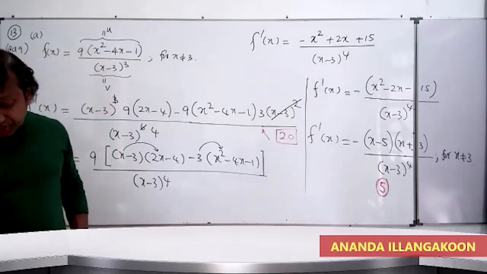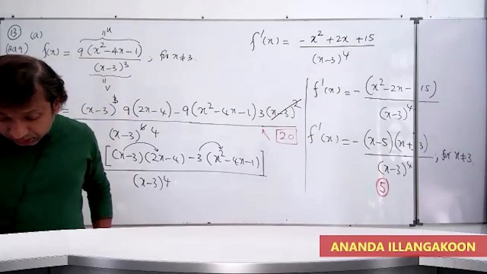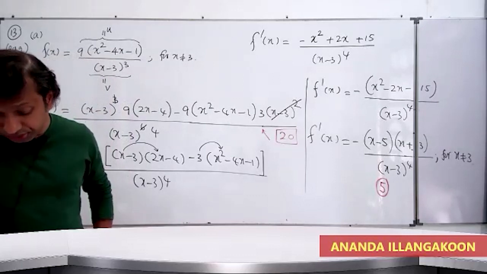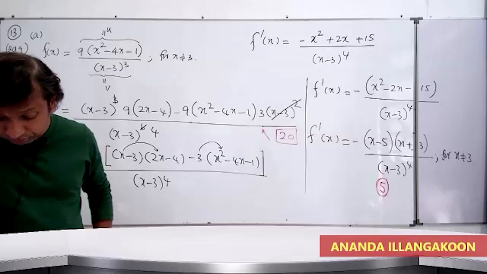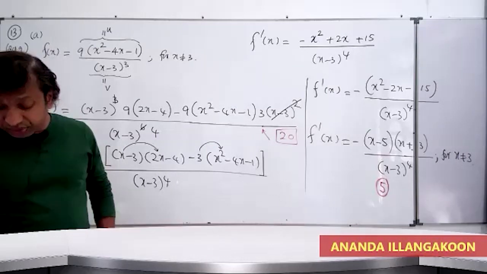Okay, right now. Right, next part. Sketch the graph of y equals f(x), indicating the asymptotes, y-intercept, and the turning points. It is given that f double dash x is given. Find the x coordinates of the points of inflection of the graph y equals f(x).